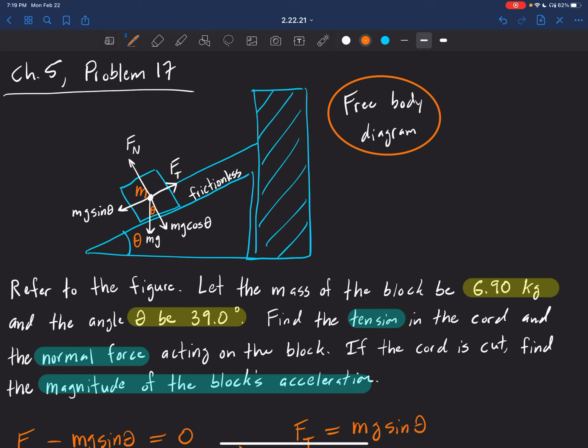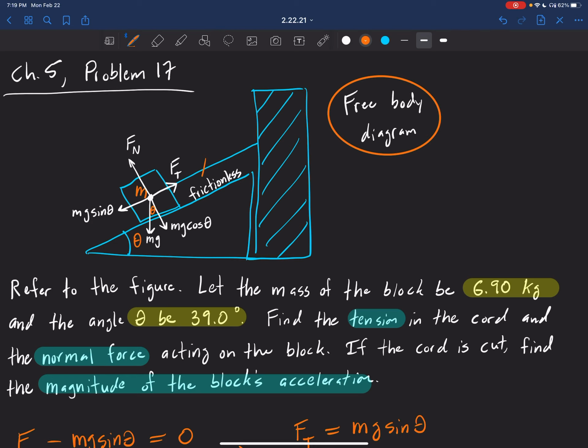Let's say that the string is cut, so I'm just going to draw a line through it. Now the normal force and the cosine component of the weight are still going to cancel out.